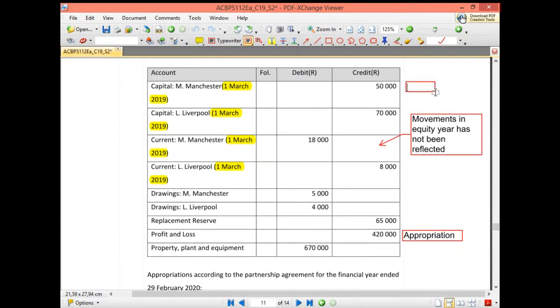So we would then multiply the 50,000 with 5%, and we will multiply the 70,000 with 5% to get to the interest component. Okay, so the interest based on that, let me just quickly get my calculations here.